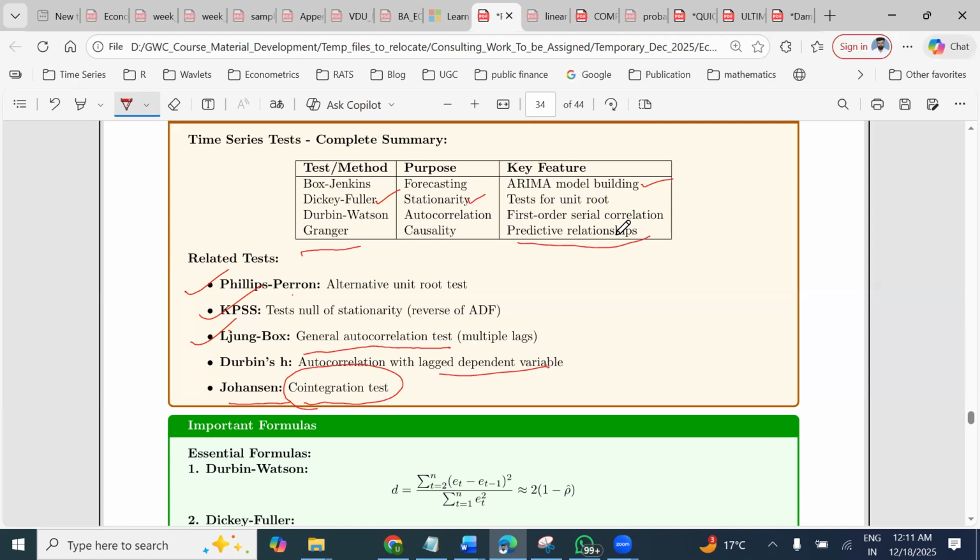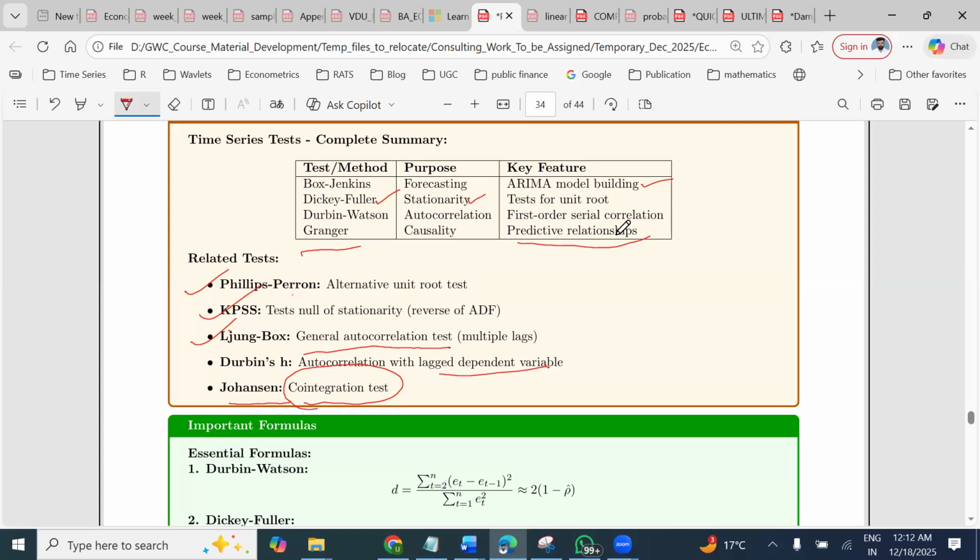The relative income hypothesis. So cointegration is a method which gives us an idea whether there is any long run equilibrium between two macroeconomic variables or any other variables. Are you getting my point? Through this econometric method we can identify it.